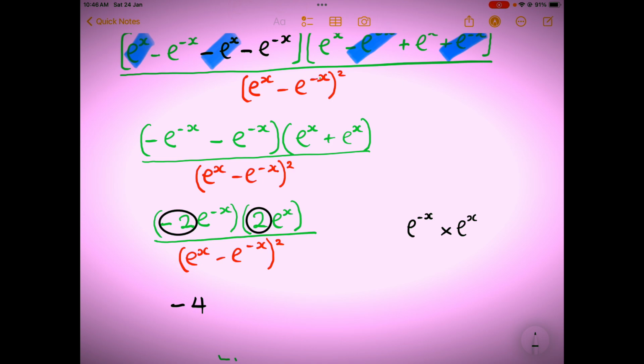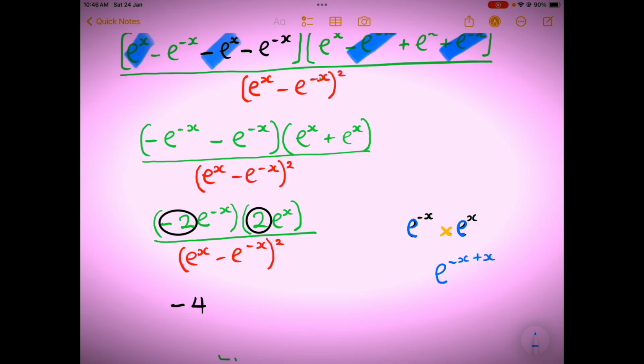Now from the rules of indices, the bases are all same. The bases are all same, that is e. And if the bases are same and we have multiplication sign separating them, then according to the rule, you just write one base and then you add the powers.